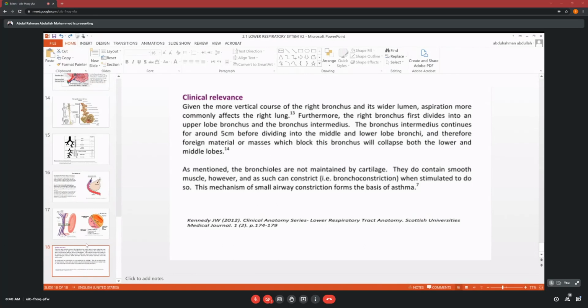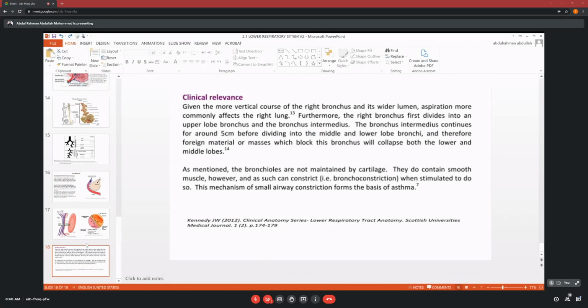So which lobe are we talking about if it is below the horizontal fissure? Middle and lower. If we say it is below the horizontal, so it will be middle. If you say it is below the right oblique fissure, so it will be in which lobe?